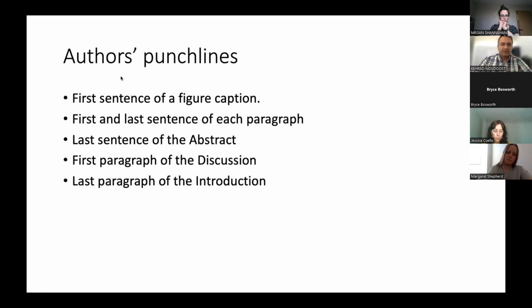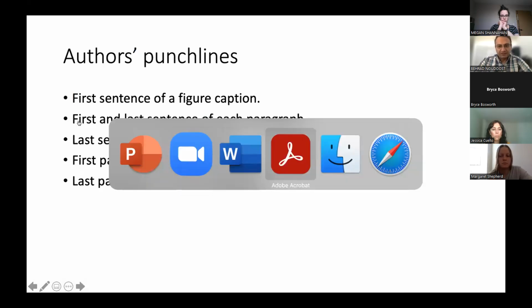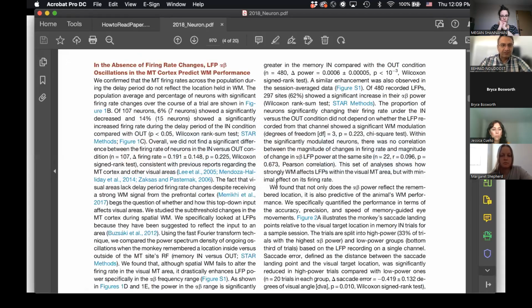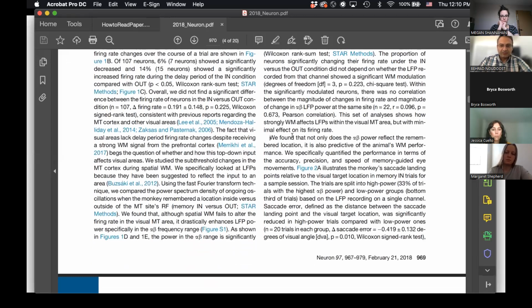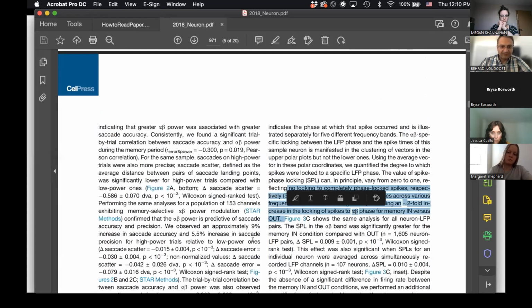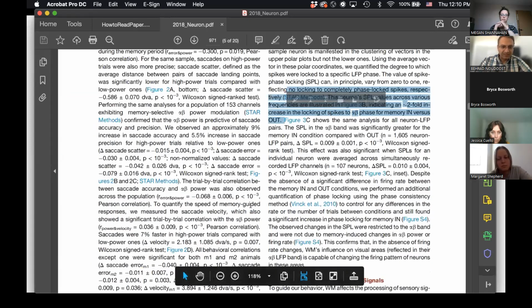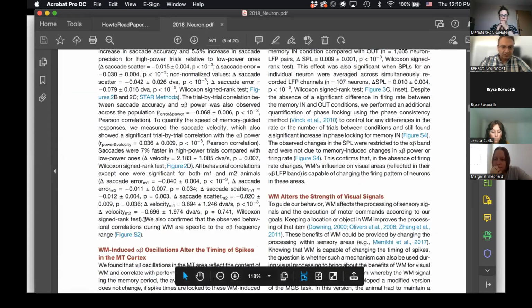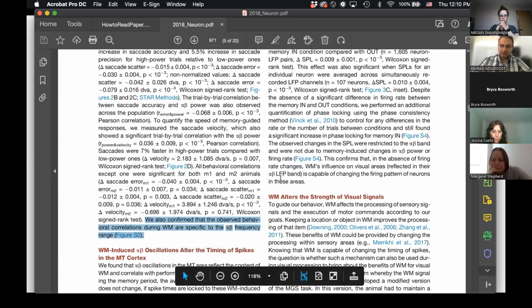And then for each paragraph, let's just go to that paper, for example, the first and last sentence of a paragraph should usually give you a summary and introduction of that paragraph.